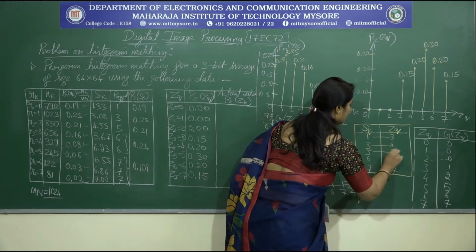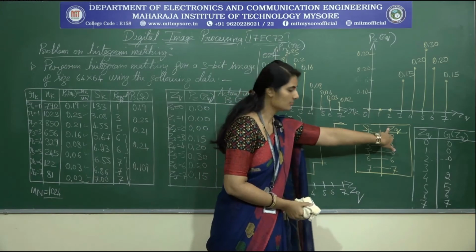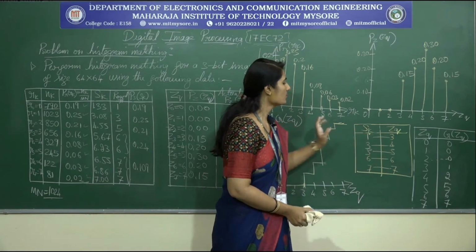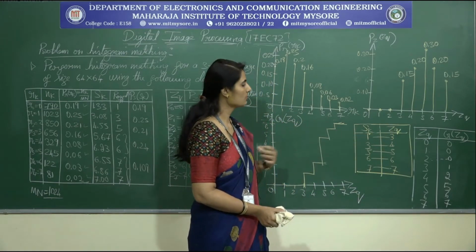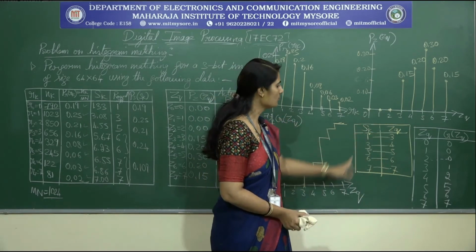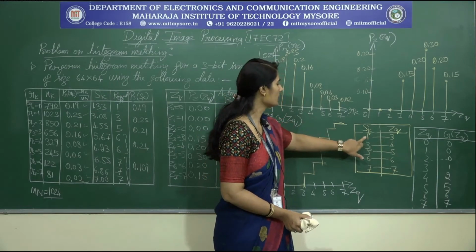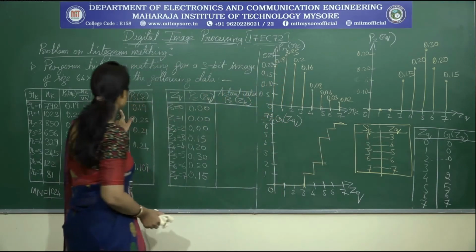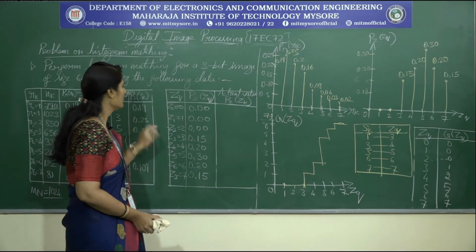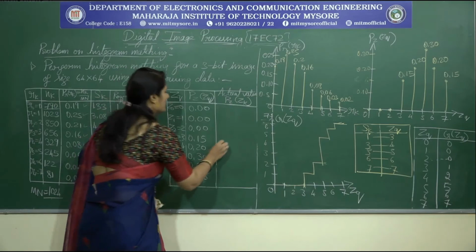So I am mapping sk to zq. Okay. So here from the formula we know that we should perform inverse mapping to get the zq value. So if I go with the inverse mapping for z3, this is equal to 1. So 1 is 0.15. For z3, this is equal to 0.19.